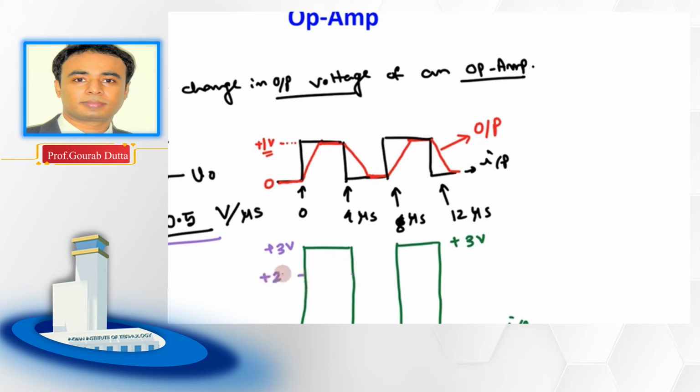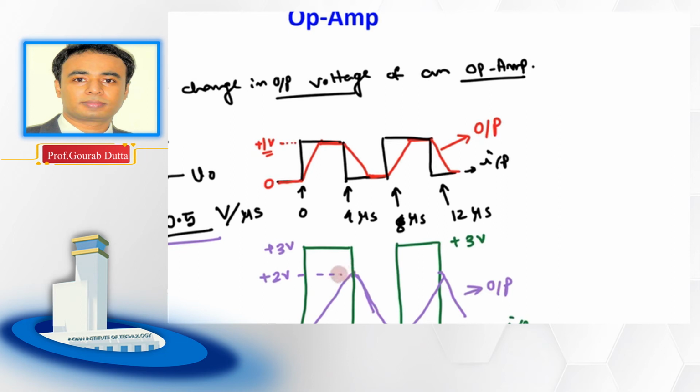If we say that this is this plus 2 volt, right, then the output will be like this. Then after that again it will fall down, right, and it will fall like this, and here it will again rise like this, and that again it will fall down. So this will be the output waveform.